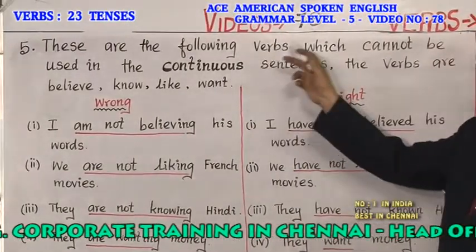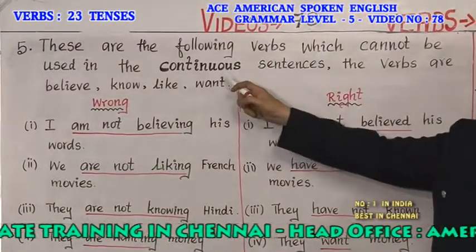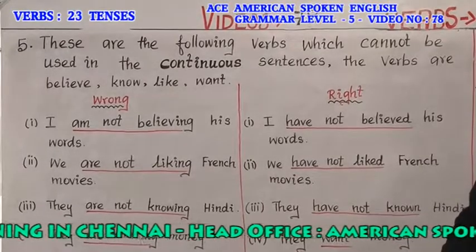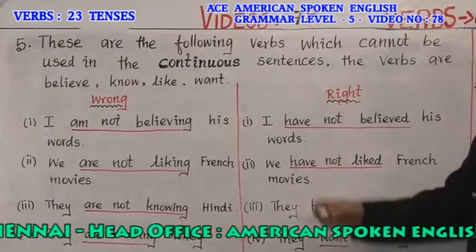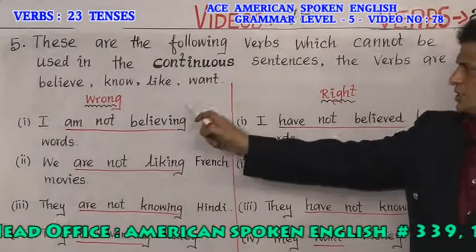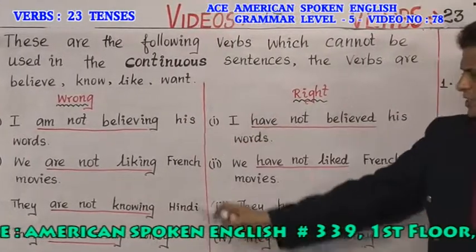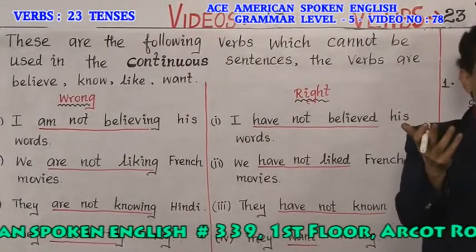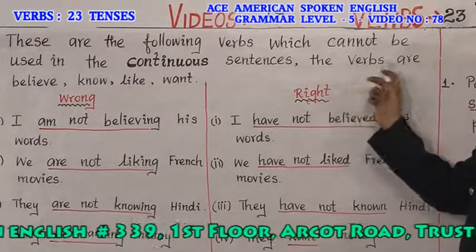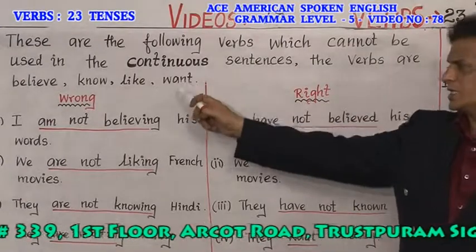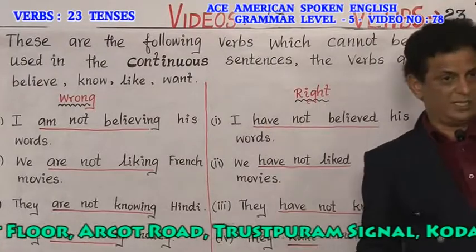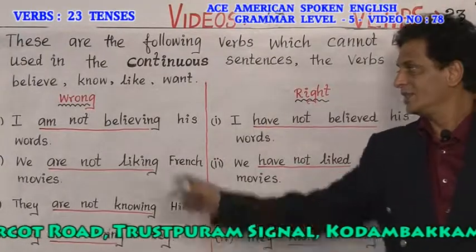See here. These are the following verbs which cannot be used in continuous sentences, my dear friends. These are the verbs which cannot be used in continuous sentences, means ordinary continuouses you cannot use. What are the verbs? The verbs are believe, know, like, want. Believe means what? Have trust.